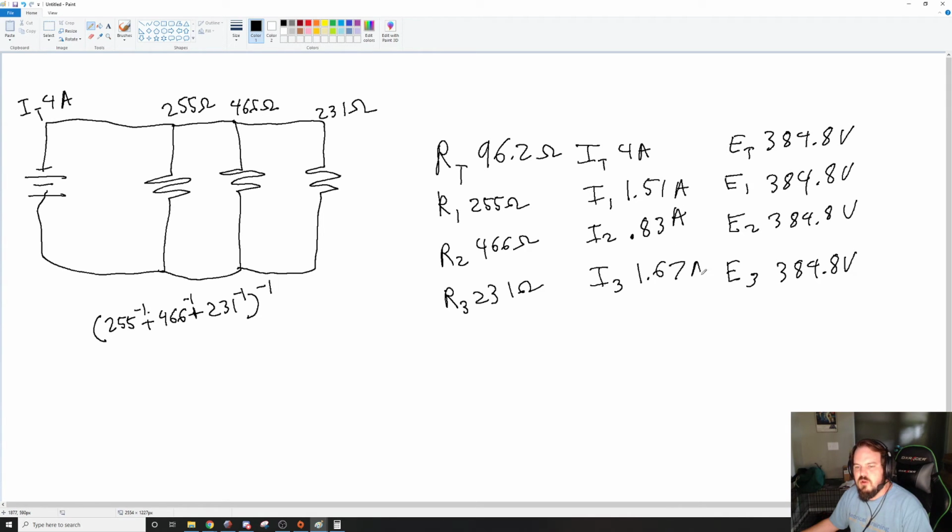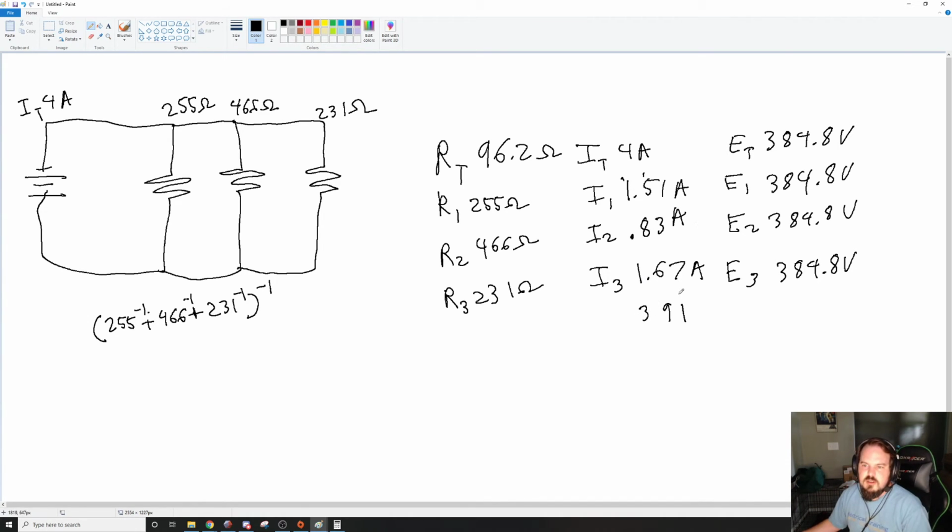It's right at 4. I'm not going to bother adding them up, but if you add these up, it should give you a little bit over 4, or no, I think it's going to be under 4. Yeah, 3.91.